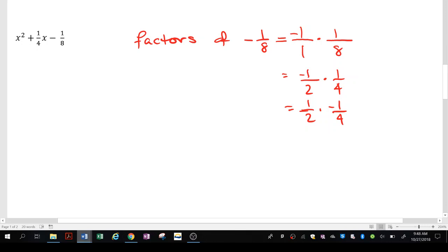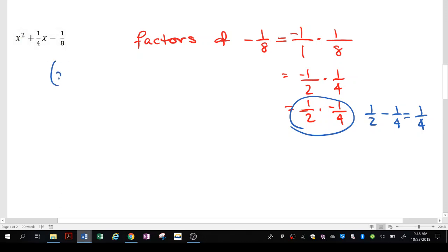So you'll notice that in this case here, these two, if we were to add them, 1/2 minus 1/4 is going to give us 1/4, which is what we want for our value for b. So 1/2 minus 1/4 is equal to 1/4. So these would be our two factors for our binomial.